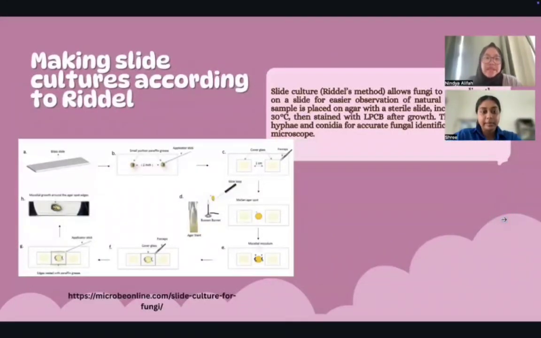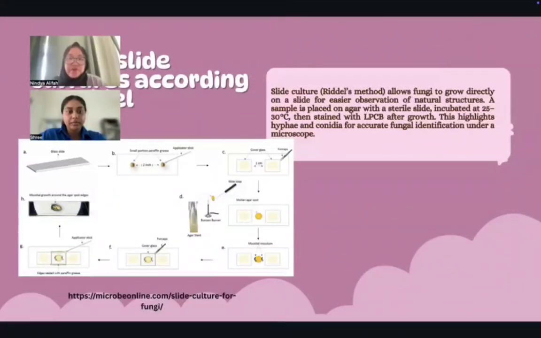Next is making slide cultures according to Riddell. The slide culture with the Riddell method allows fungi to grow directly on a slide for easier observation of natural structure.